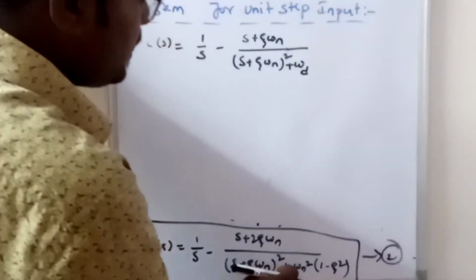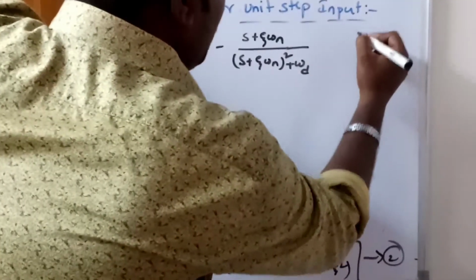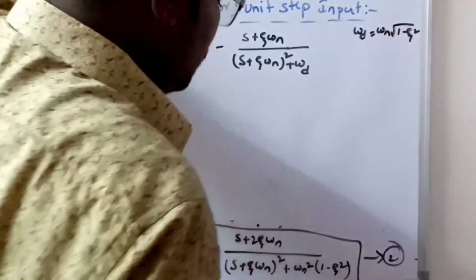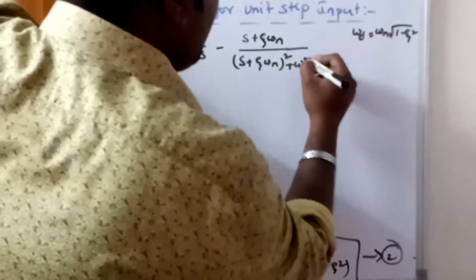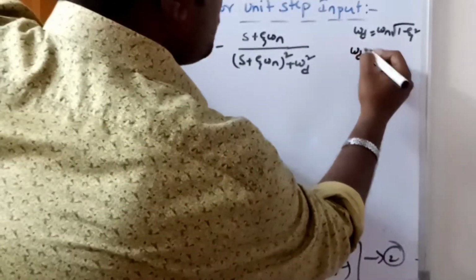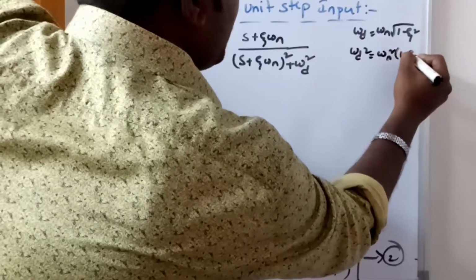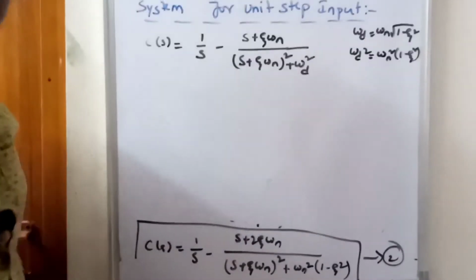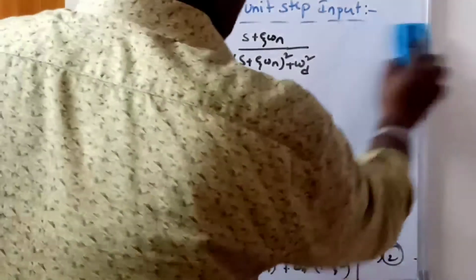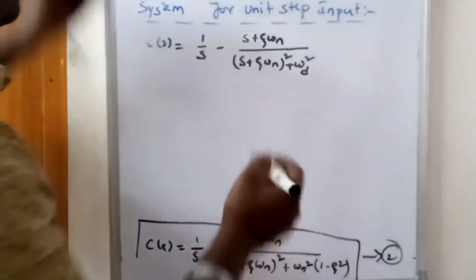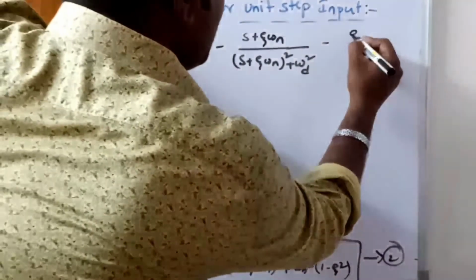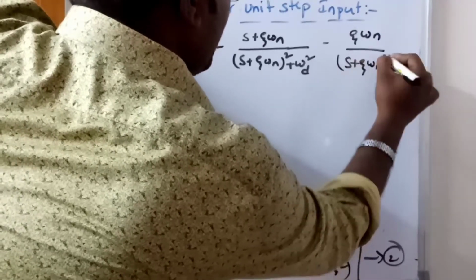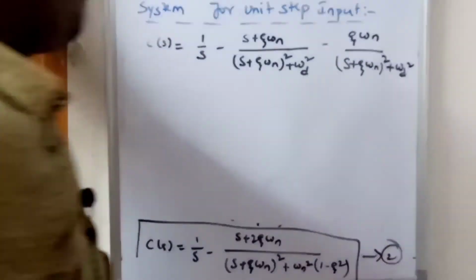Because omega d is equal to omega n into square root of 1 minus zeta square, so omega d square is equal to omega n square into 1 minus zeta square. We know that omega d is the damped frequency. We can substitute the value directly there, so it becomes omega d square.